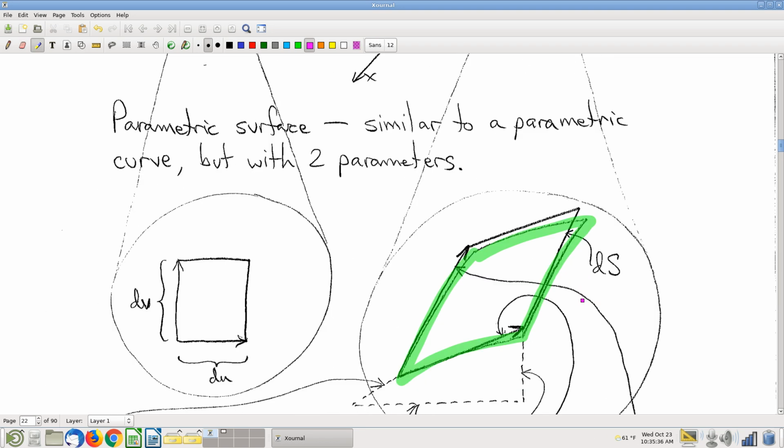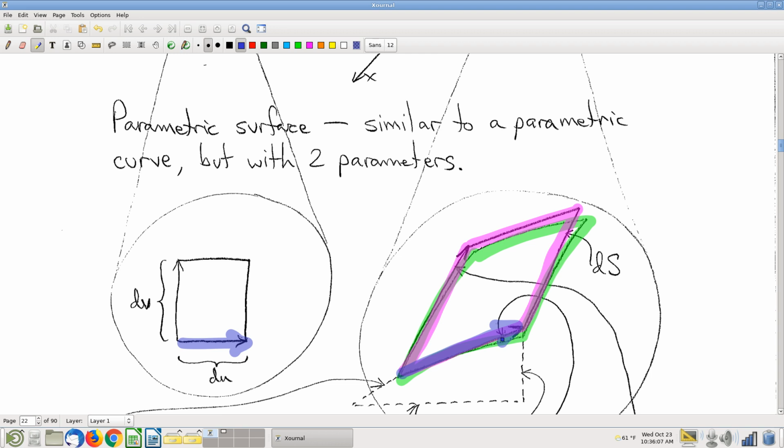I'm going to try to understand this piece of surface by looking at this parallelogram that approximates that curved piece of surface. Where does this parallelogram come from? Well, I don't think it's too surprising that if I were to take this displacement here, du, in the u direction, that would cause a change that I would linearly estimate by that little arrow.